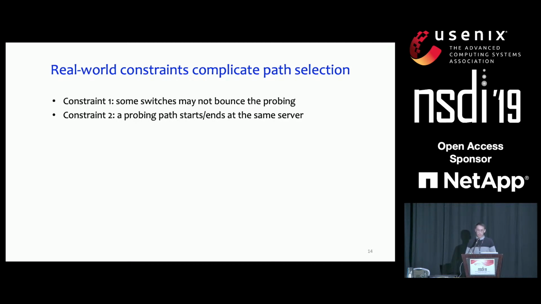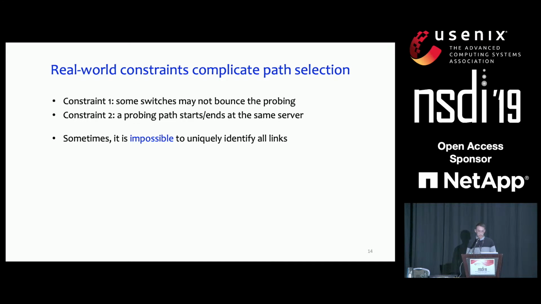First, in a large data center, inevitably, there are switches that fail to respond to our probing, mostly because they are low-end or legacy switches which do not support IP-in-IP. Second is that the sender and receiver have to be the same server, which is NetBouncer's design choice. With these two constraints, we found that sometimes it is impossible to uniquely identify all the links.